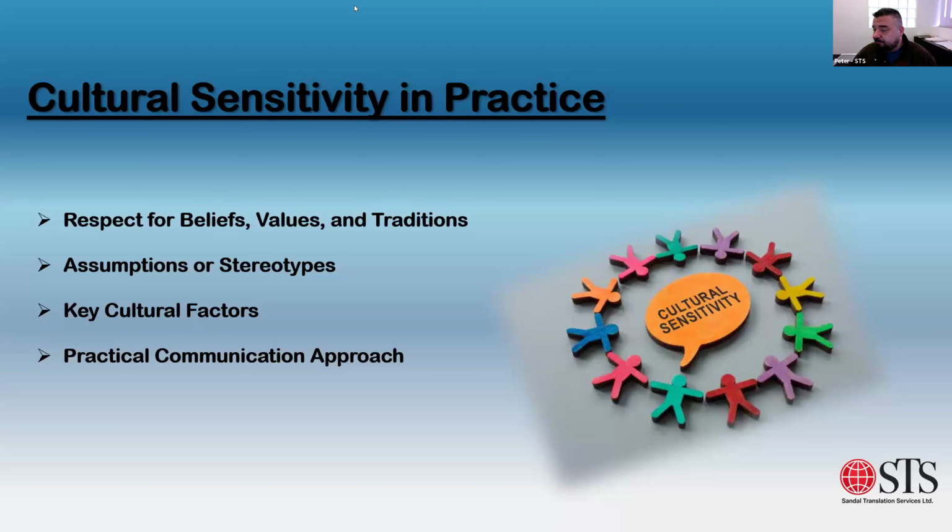So that's something that we can keep in mind. All right, well, let's hop into that sensitivity in practice and what's going on here. Like I was mentioning about the beliefs and the values, that's something that needs to be recognized by the healthcare providers, and it needs to be respected as well.